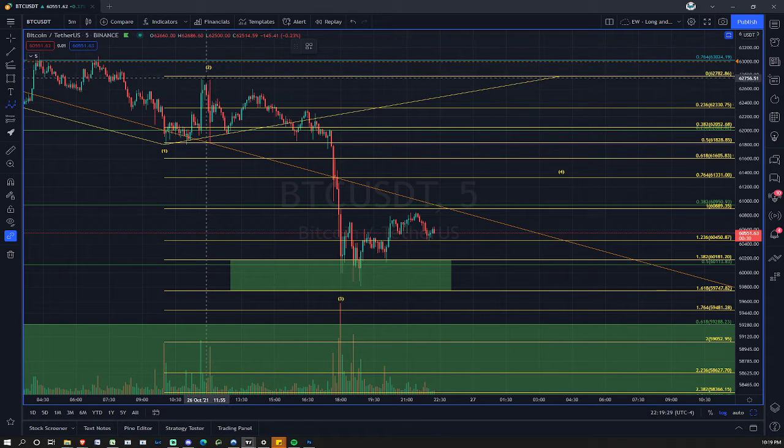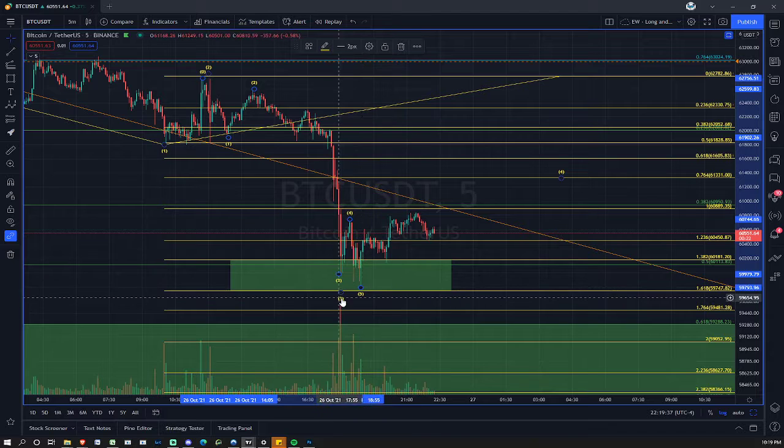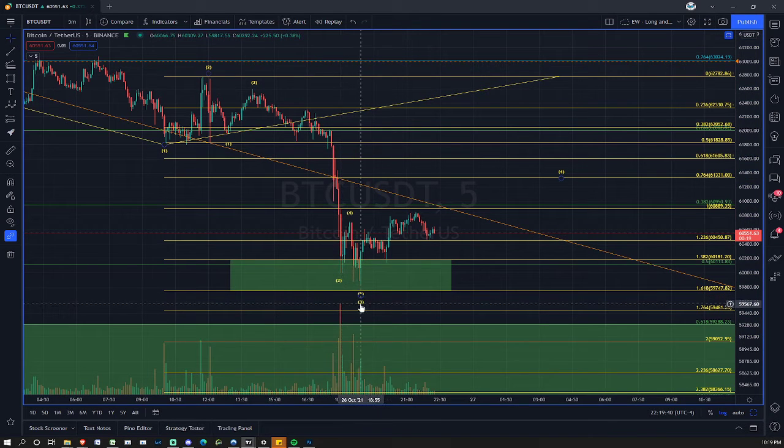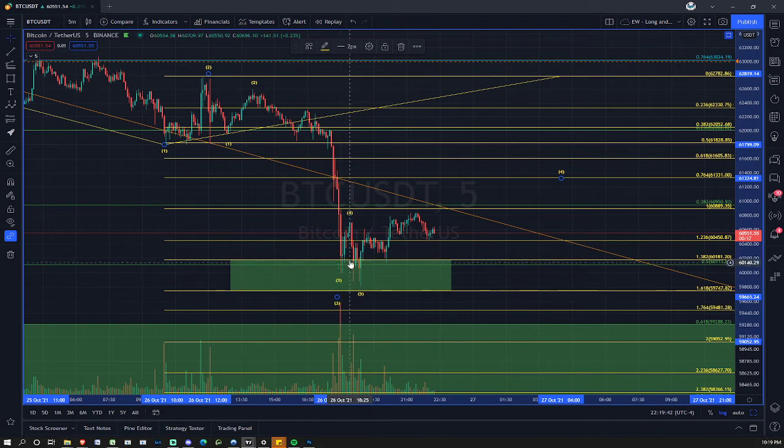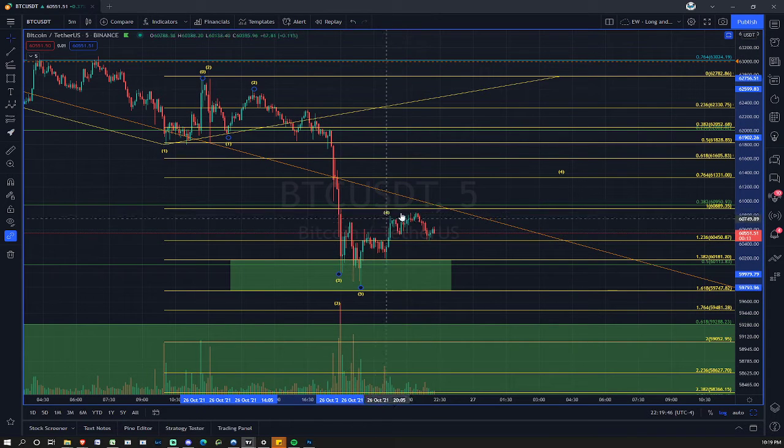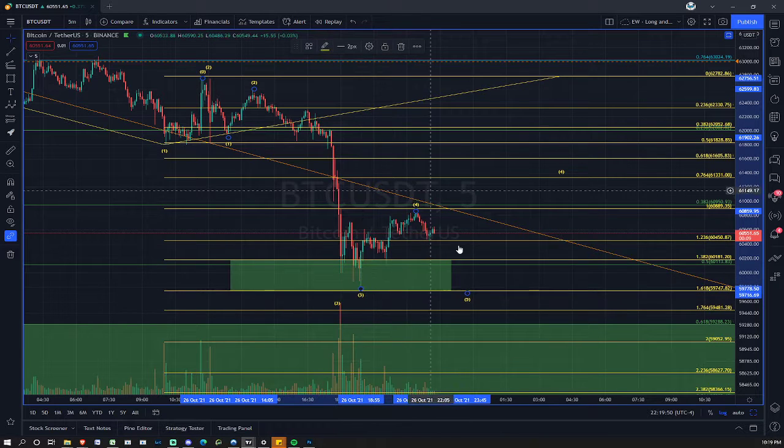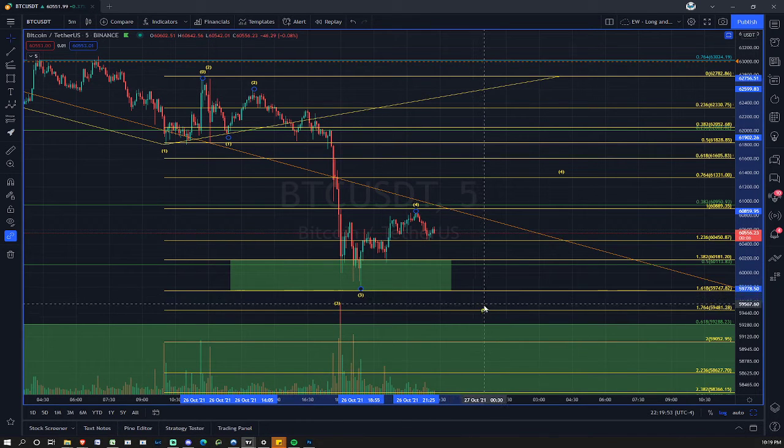I mean, I can make a case for this 3rd not quite having completed yet. Like either that's 3, 4, and 5 within this 3, or potentially we still have a little bit further to go, and that would give us our extensions that we need to see if we're going to hit the lower regions.